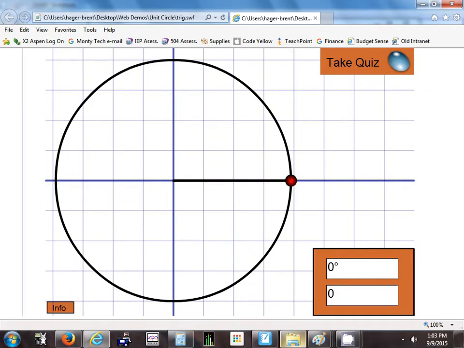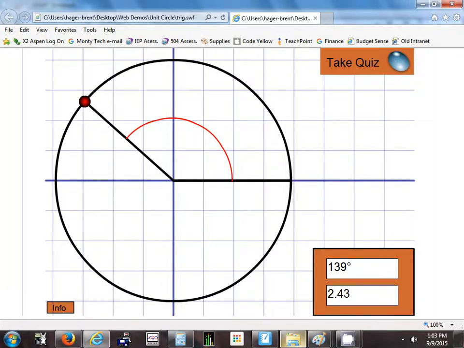Basically what I have is a circle. On this circle, I cannot move the initial side. I can only move the terminal side. As I move the terminal side in a counterclockwise direction, you can see my angle is positive.